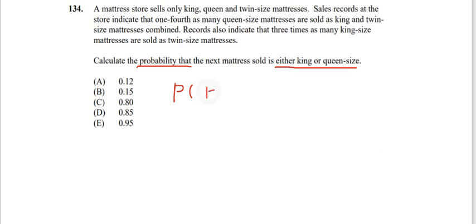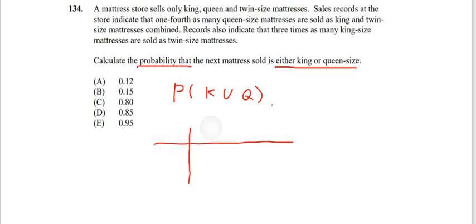King or queen. Okay. So now here we have 3 kinds of mattresses: king, queen, and twin. They have some probability, like some people will buy this, buy that. So we use this graph.